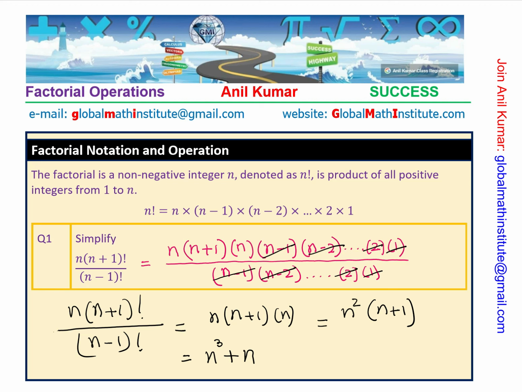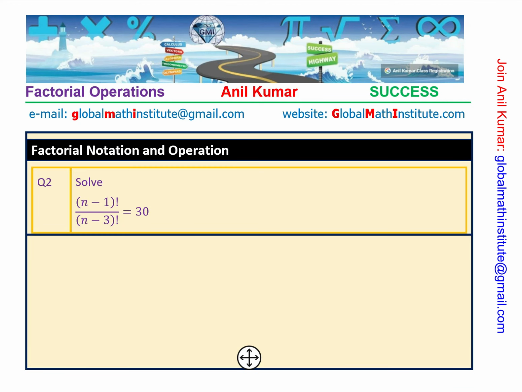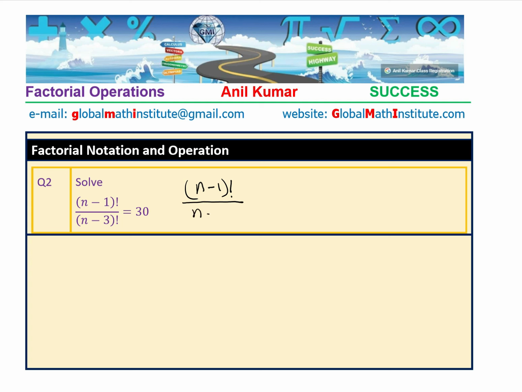Now let's take up question number 2 and solve. So here we have the equation n minus 1 factorial over n minus 3 factorial equals 30. So let's rewrite. We have n minus 1 factorial over n minus 3 factorial equals 30.